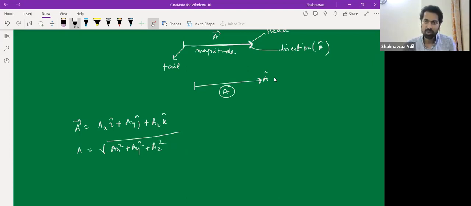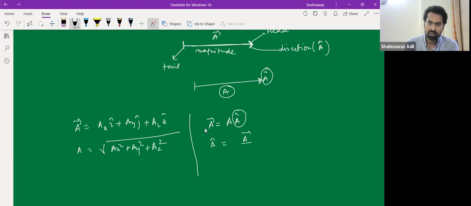And it will also have a direction, right? So how can we calculate the direction? We know that the vector is magnitude into direction. So we can calculate this direction, which is the unit vector, by dividing the vector by its magnitude. Understood?